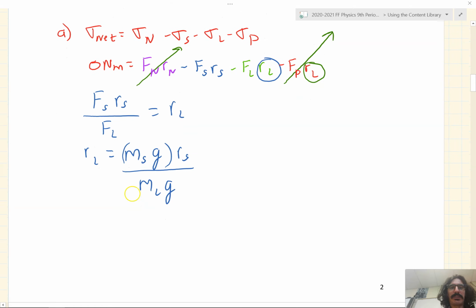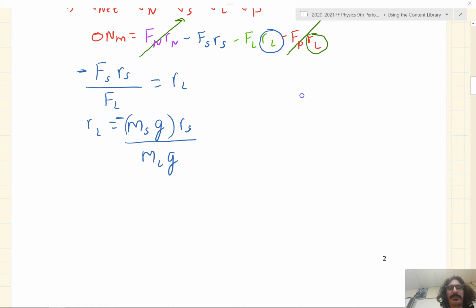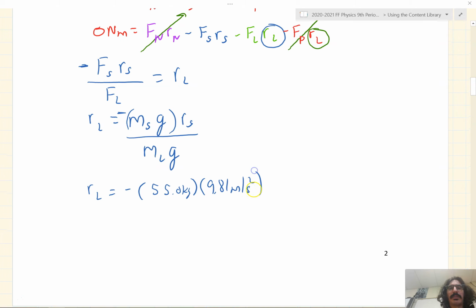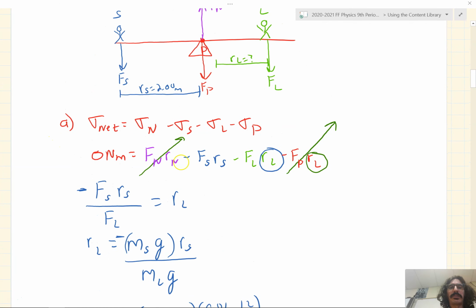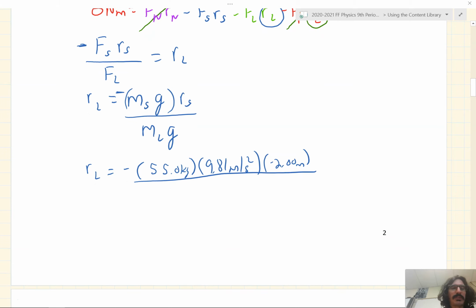And I've got the negative sign right here, from dividing by negative the force of Luca. R sub L equals negative the mass of Sophie, 55 kilograms, times 9.81 meters per second squared, times, she's 2 meters to the left of the pivot point, so that's going to be negative 2 meters, all over the mass of Luca, 75 kilograms, times 9.81 meters per second squared.